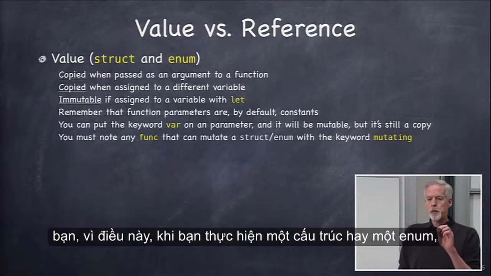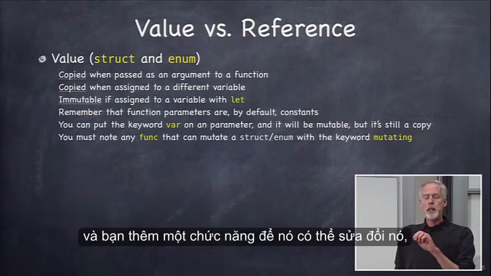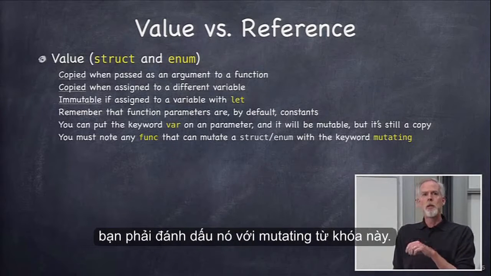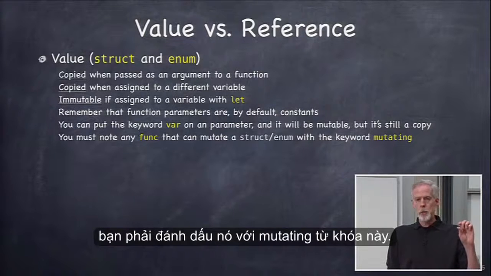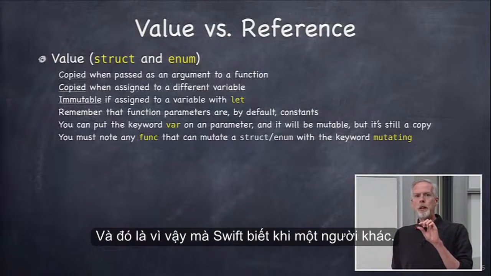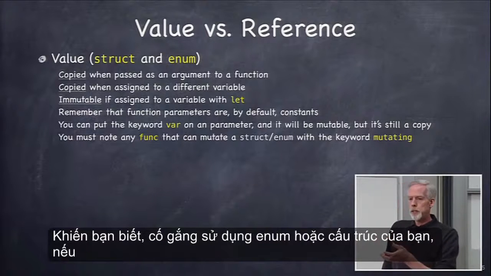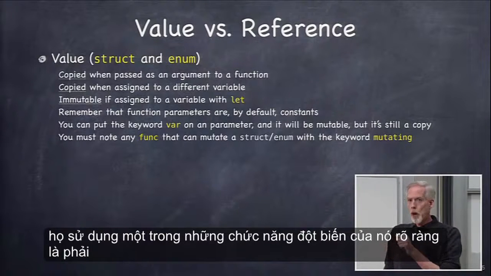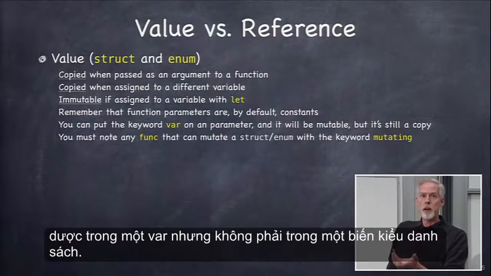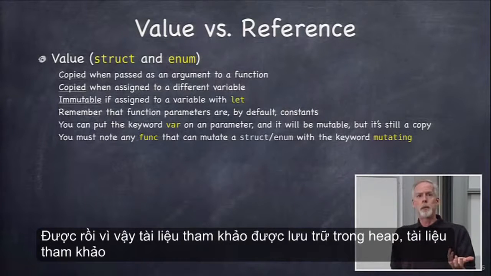Because of this, when you make a struct or an enum, and you add a function to it that modifies it, you have to mark it with this keyword mutating. And that's so that Swift knows, when someone else tries to use your enum or struct, if they use one of these mutating functions, it obviously has to be in a var, not in a let type variable, okay?